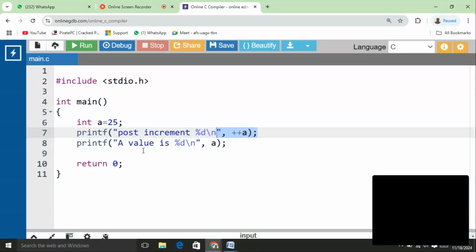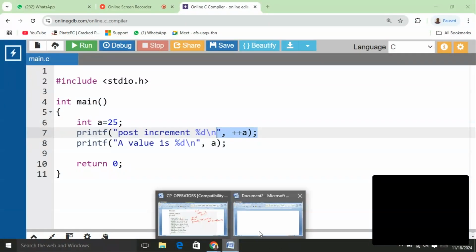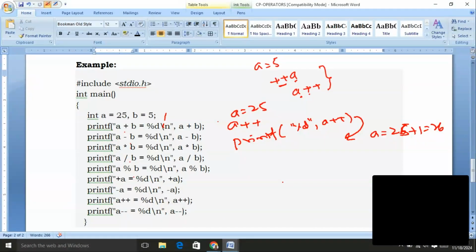In the same way we can explain the decrement. Minus minus means a equal to a minus 1. The plus plus automatically increases the value of the variable by 1, and the minus minus automatically decreases the value of the variable by 1.